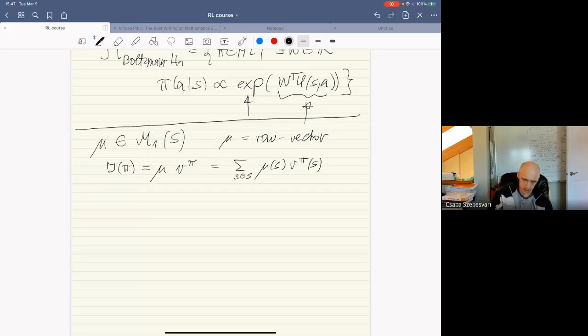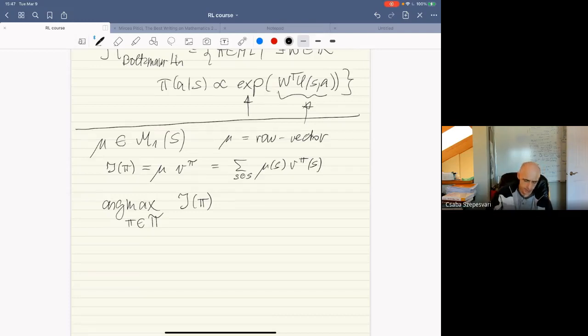And then you might be wondering, okay, can we solve this optimization problem, please? That you want just to maximize this value, right? Can we do this efficiently?